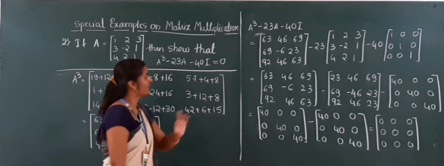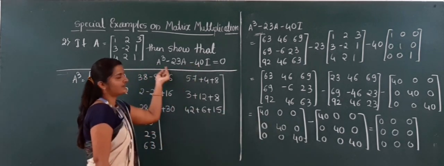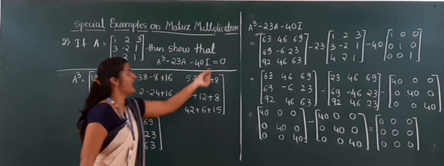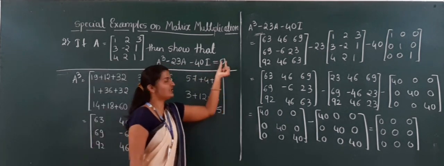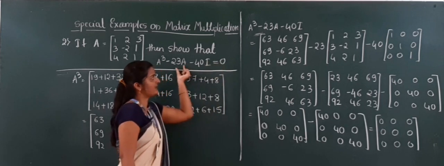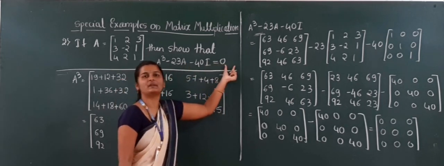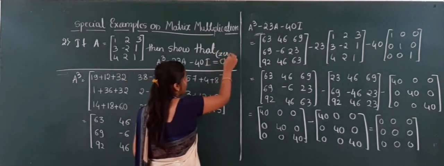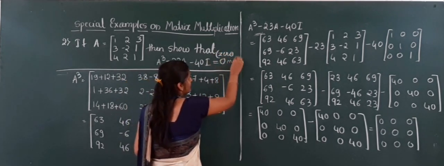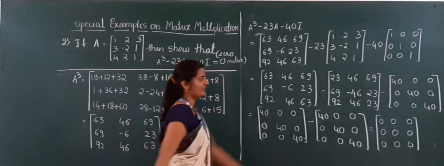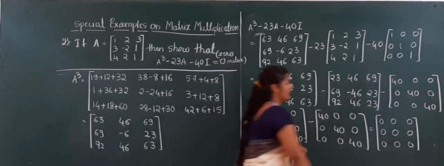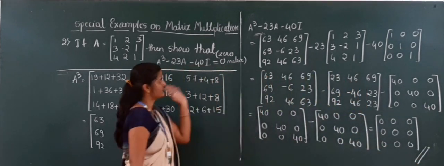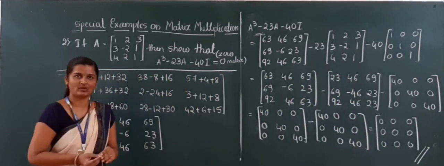Both are 0 because these all are the matrix multiplication properties of matrix, and the answer they have given is 0, meaning here a matrix is there, so this side also a matrix should be there. So this 0 is nothing but a 0 matrix. So finally we have got the 0 matrix, hence we proved this equation LHS equal to RHS.